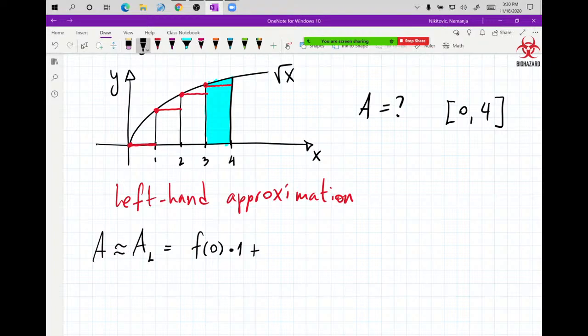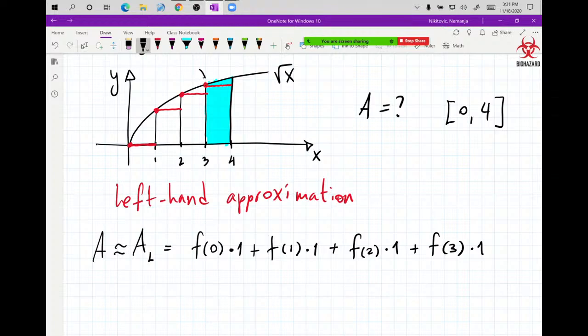Plus, for the second rectangle, which is this one, we are computing the function at 1, and we are also multiplying it by 1, which is the width. For the third rectangle, we're computing function at 2 times 1, which is the width of that rectangle. And finally, the one that is shaded blue is computing the function for the height at 3, and we are multiplying by 1.